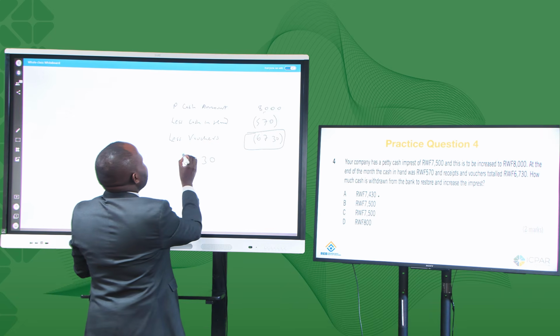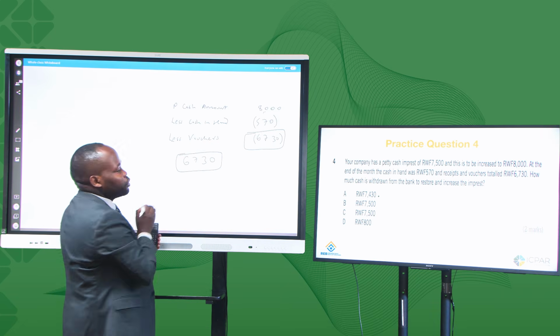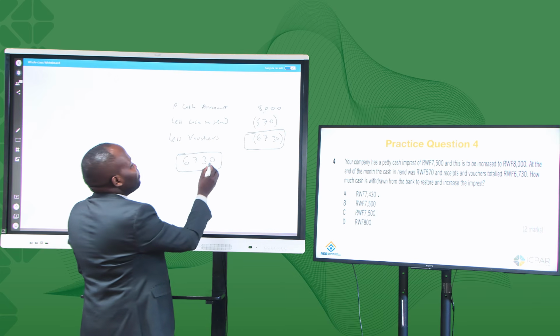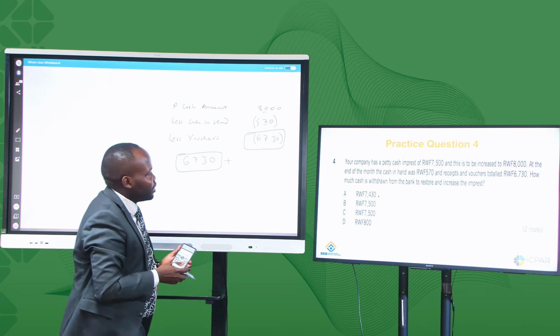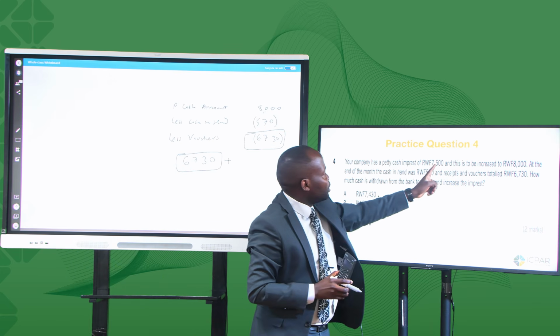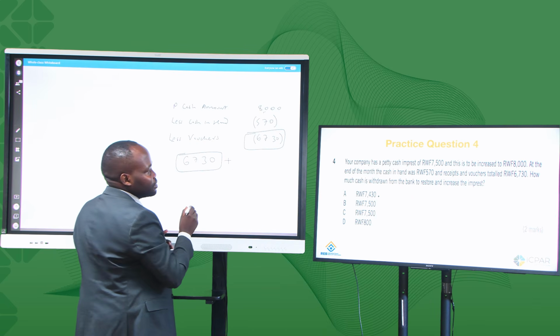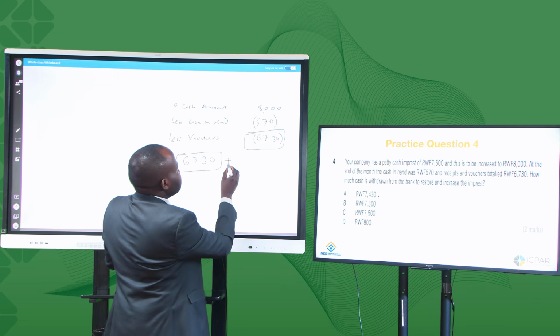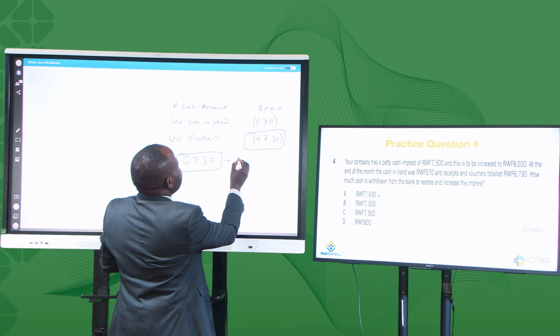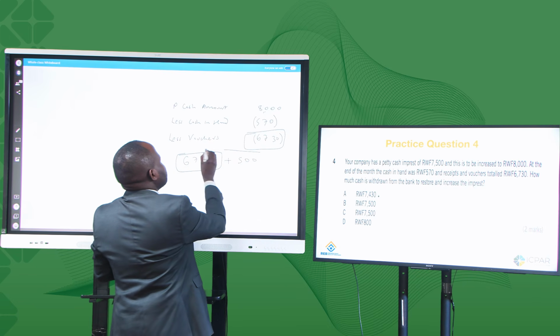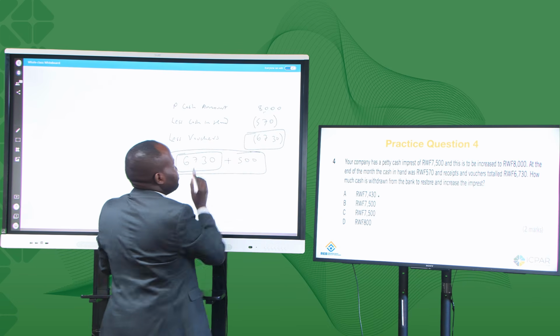So it will be the petty cash voucher amount plus the difference between this and the new amount. The difference is 500. So this is what we were supposed to have.